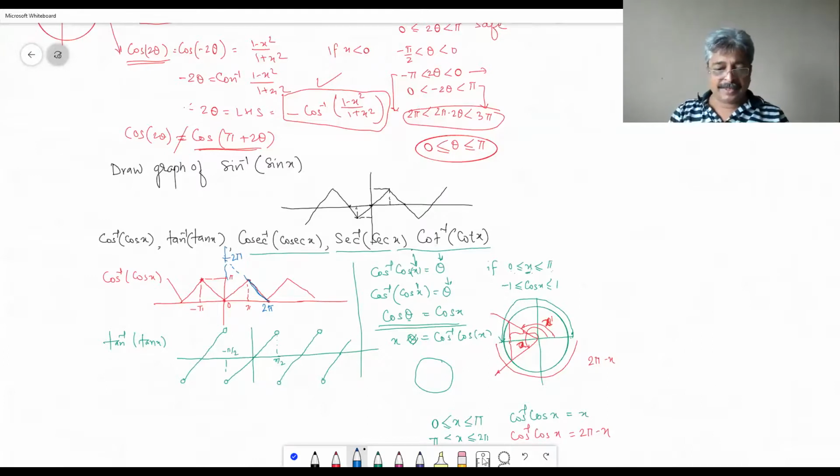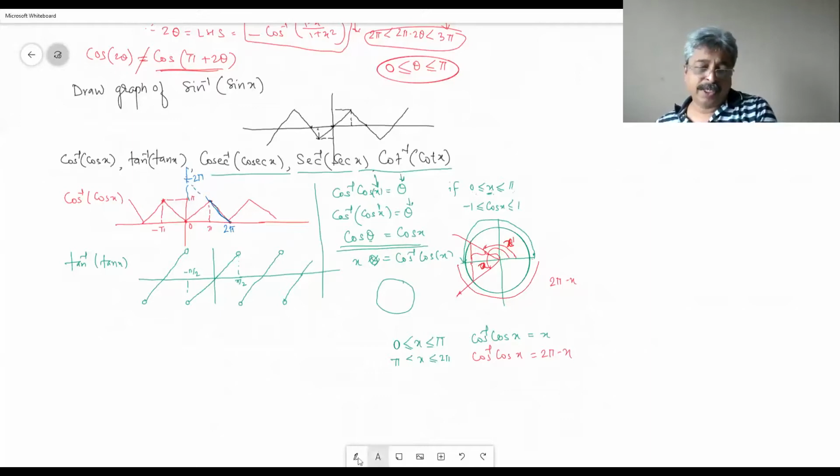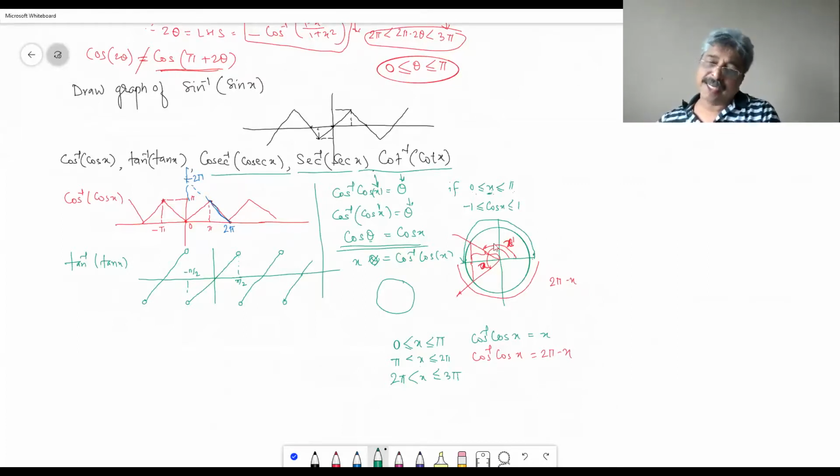Now, if you go back to your calculations and check, suppose your angle x is between 2 pi to 3 pi, that means you are here, but the terminal ray is such that it has already completed one revolution. So your terminal ray is here, but it has a rotational history of one revolution before coming to rest, and therefore the corresponding cos value will be exactly the same.